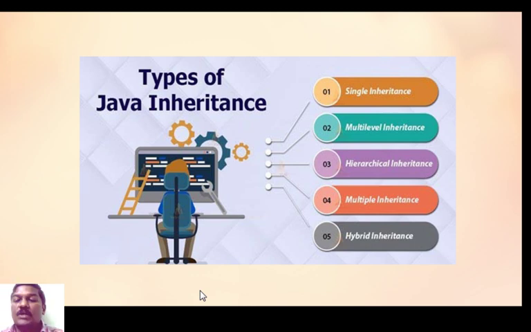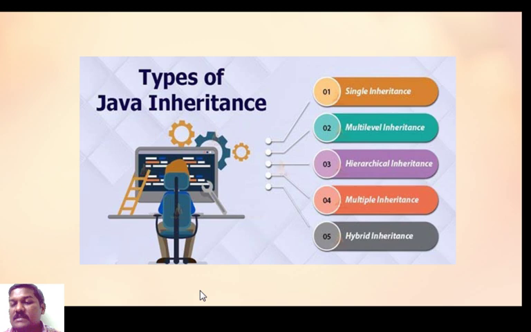Now we move on to the inheritance types. There are 5 categories of inheritance. We will look at each and every type one by one with the help of some examples. Let us briefly look at the 5 categories.